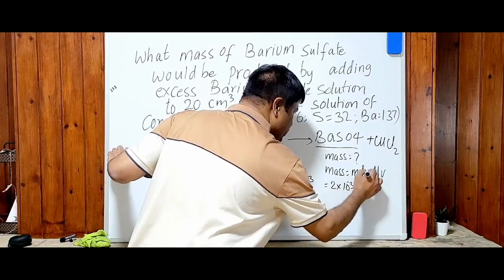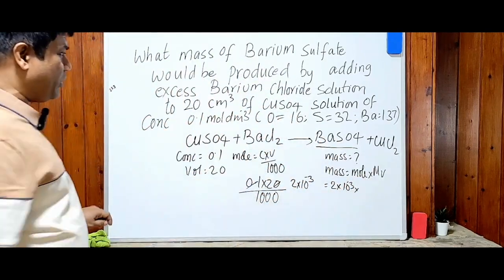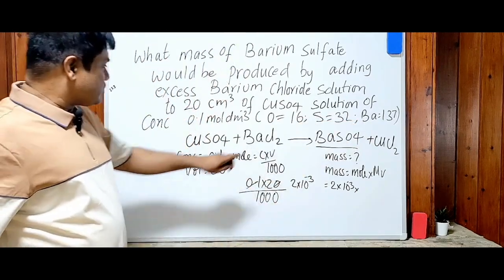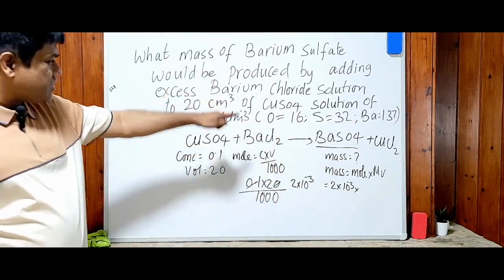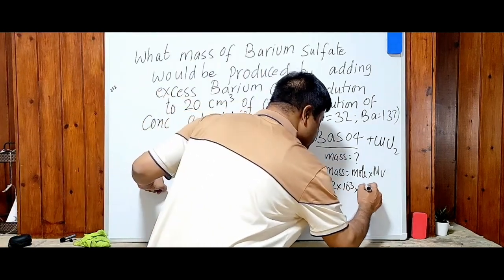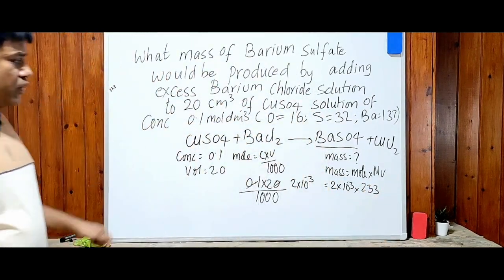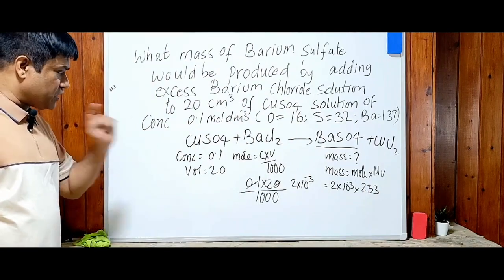And when you work out the MR of the barium sulfate, use this: barium 137, sulfur is 32, oxygen 16 times 4. So the total is 233. That's the MR of barium sulfate.